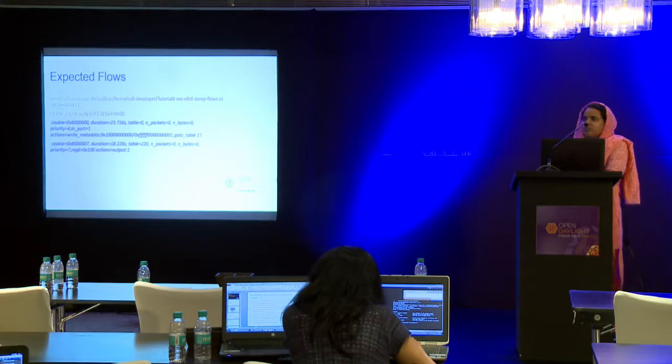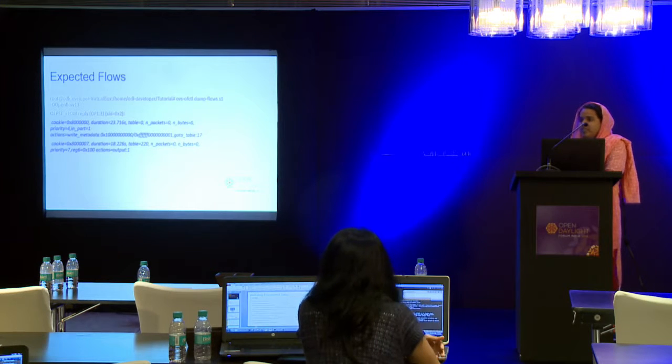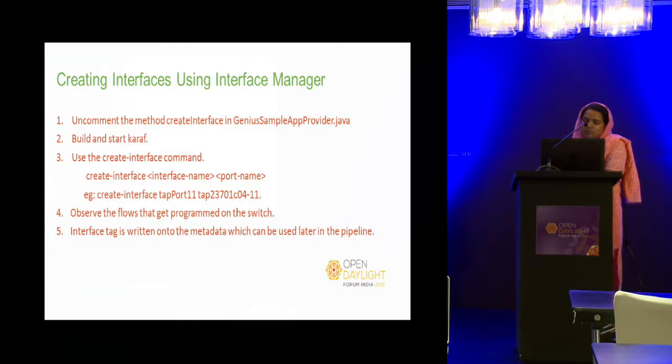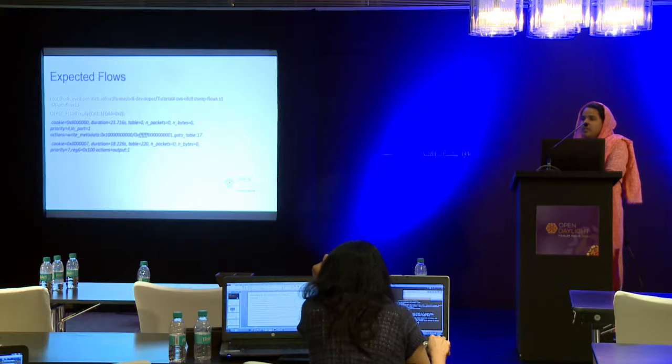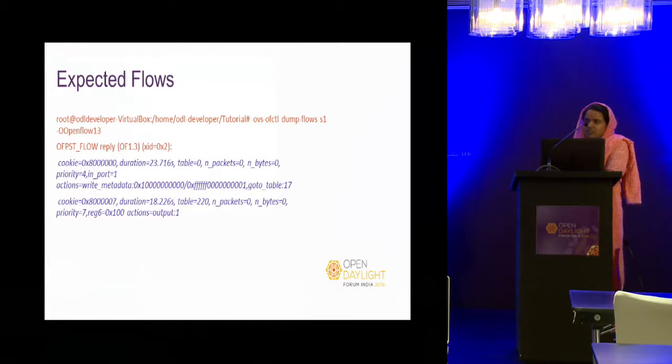Table 0 will match on the port number for that tap port, write a unique L port tag into the metadata, and then go to table 17. Table 17 is the L port dispatcher table. Similarly, you will see another entry in table 220, which is the egress dispatcher table, saying that if the L port tag is coming in register 6, the output port is port 1.